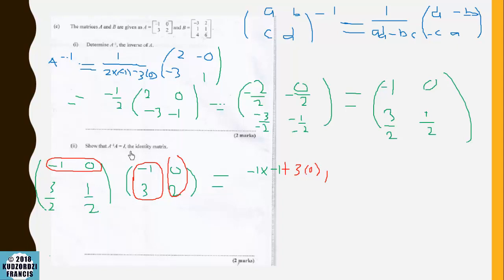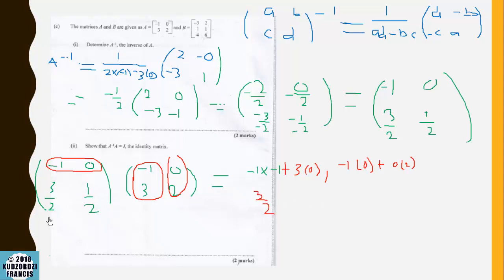Then we have negative 1 times 0 plus 0 times 2.